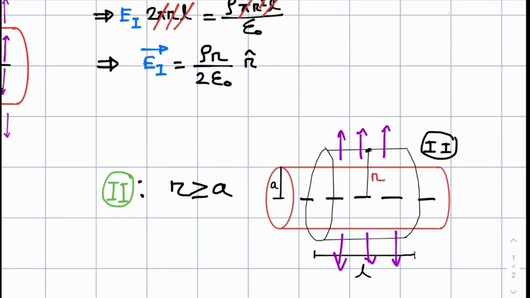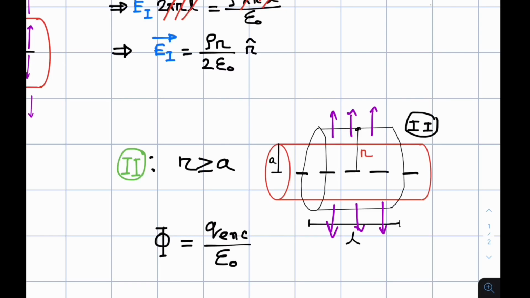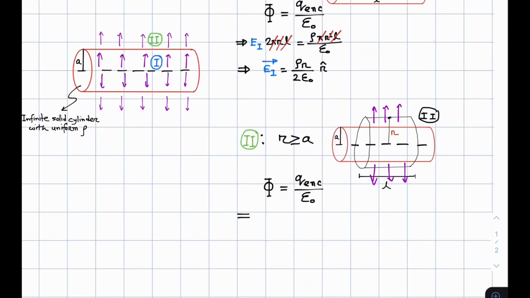So now let's apply Gauss's law for this closed surface. And what does Gauss's law say? Well, the electric flux phi through a closed surface is equal to the total charge enclosed by the closed surface divided by epsilon naught. Okay, so what is the flux through this closed surface?